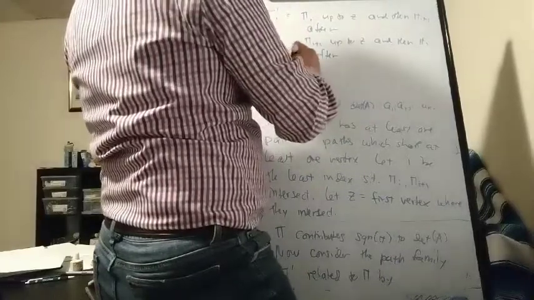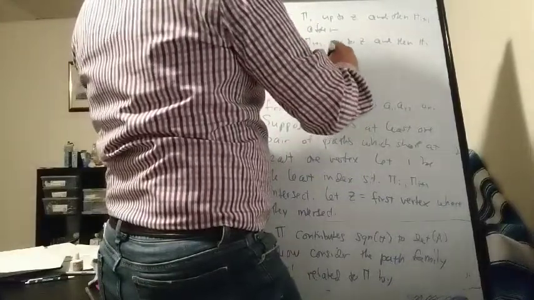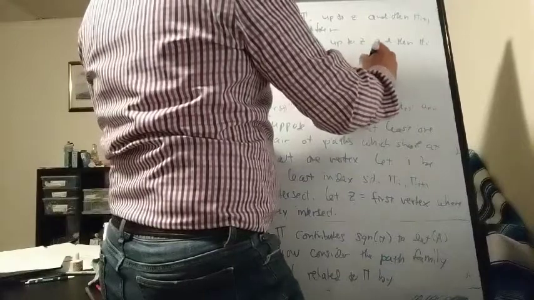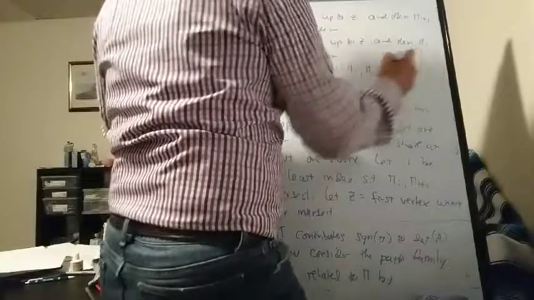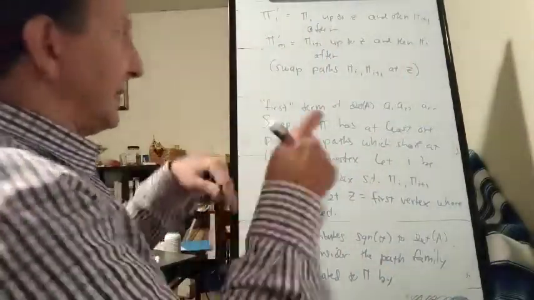So we're swapping paths pi i and pi i plus 1 at z. So they're just like they were before z, and then they swap.